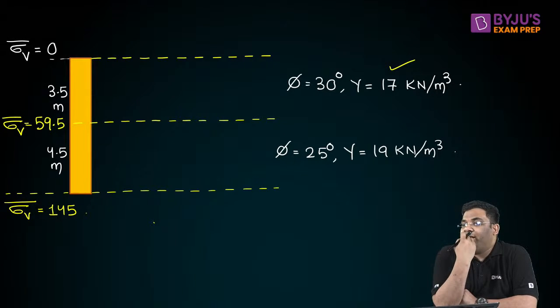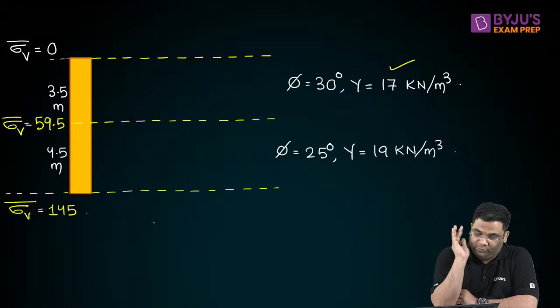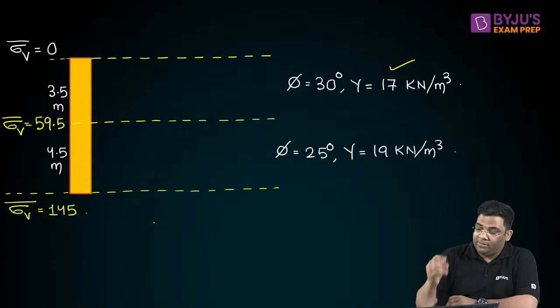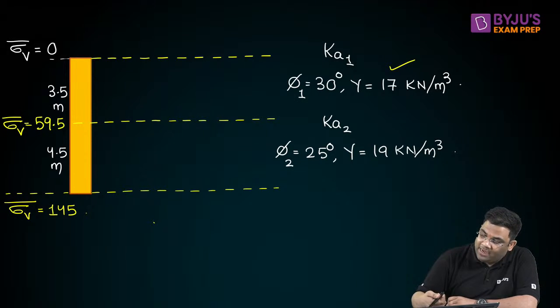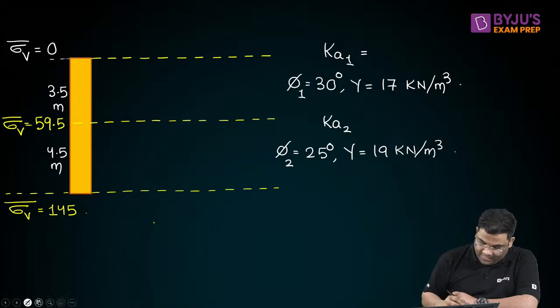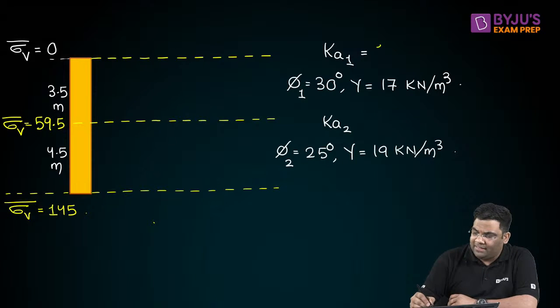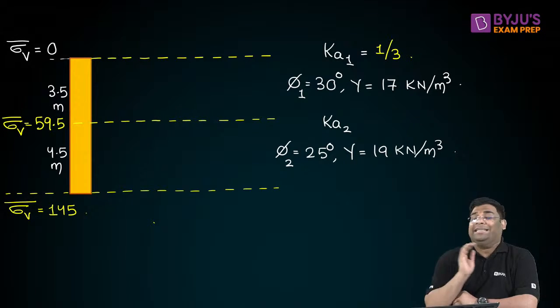Now how to find out the earth pressure distribution? For that, first of all, you give me the Ka1 and Ka2. So these are two soils, so I am naming it phi1, phi2. Now Ka1 is how much? It is simply 1 by 3 because that is your 30 degree.